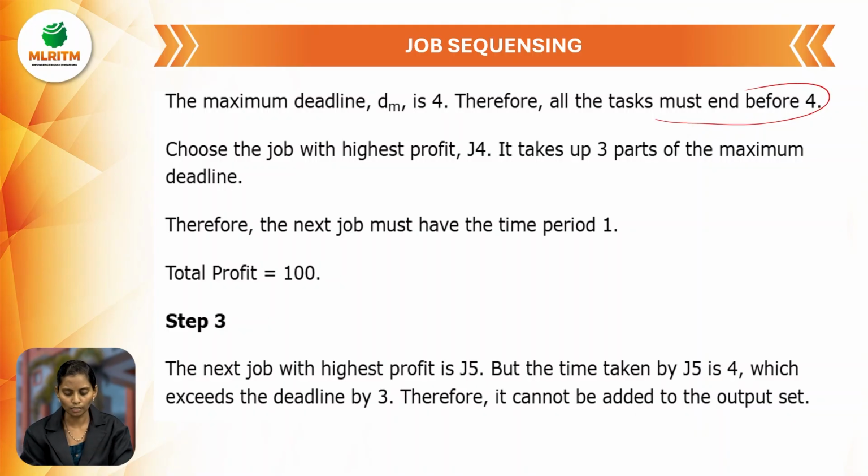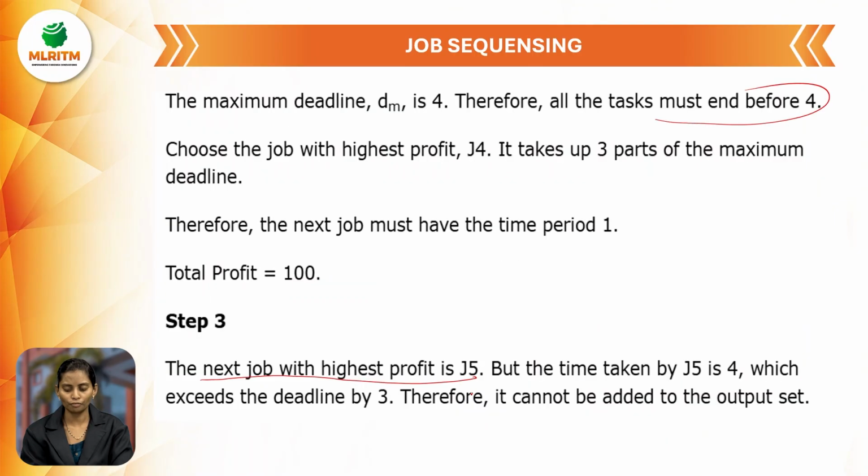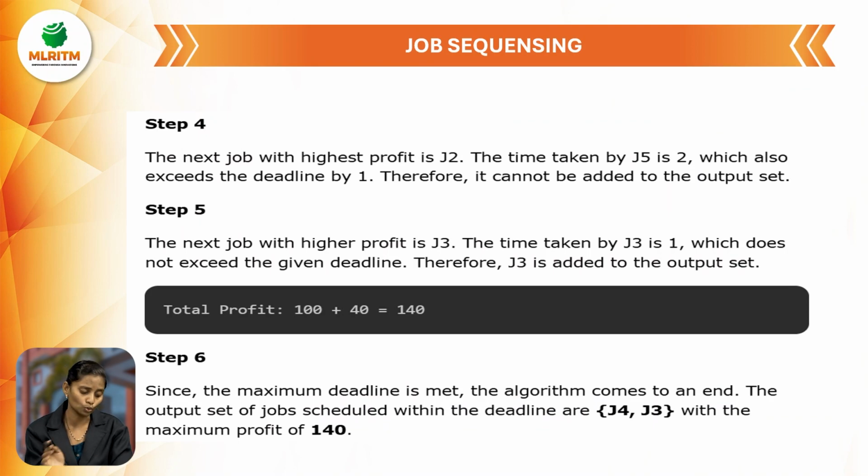Based on that, first highest priority we would give to J5, because it has exactly 4 days of deadline. But if you fill this deadline, then what is the use? You cannot add other jobs here.